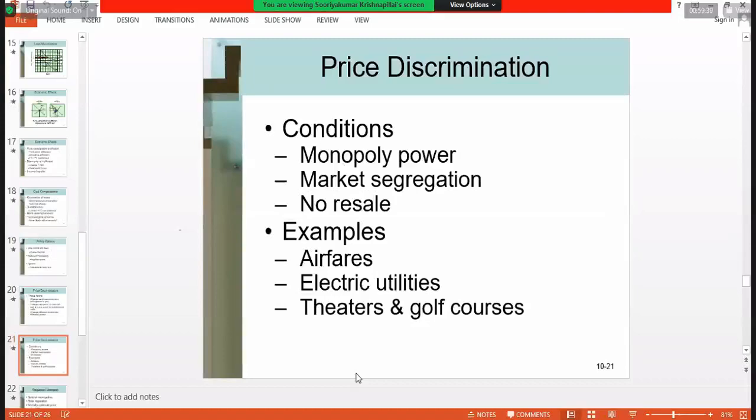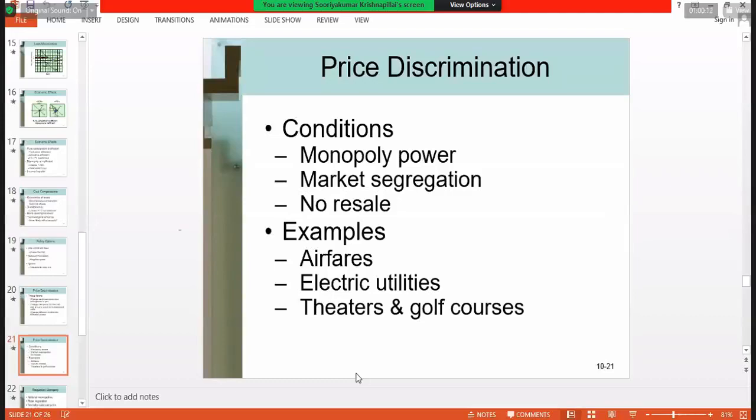To do this price discrimination, three conditions should be satisfied. He should have monopoly power, market power. Otherwise, he cannot charge different prices. So only a monopoly, and market segregation.